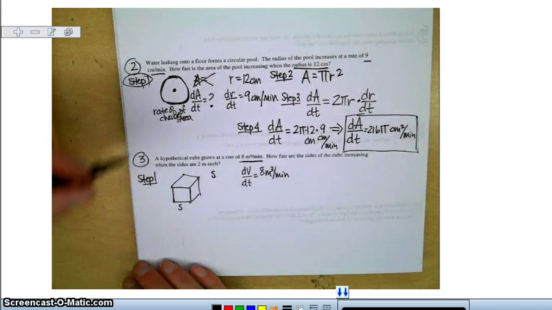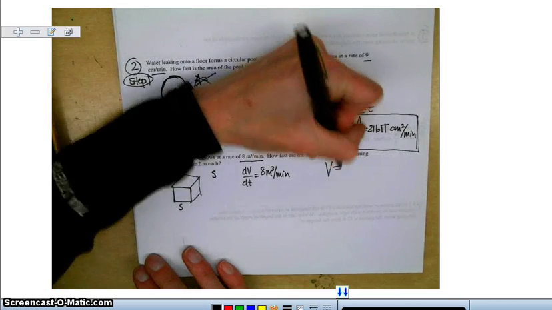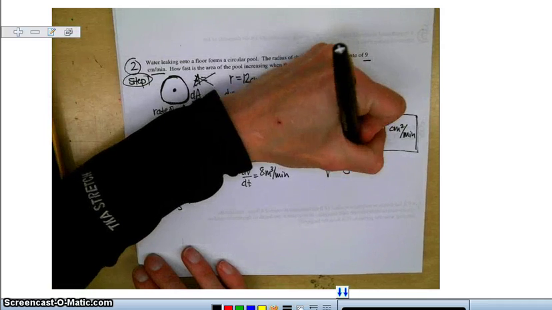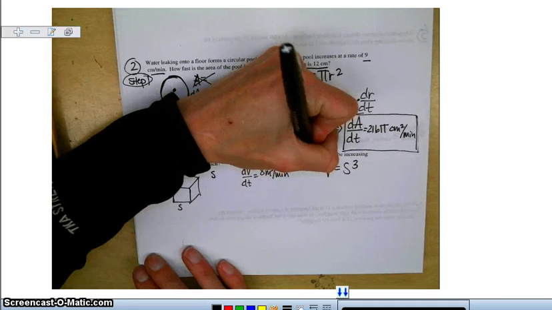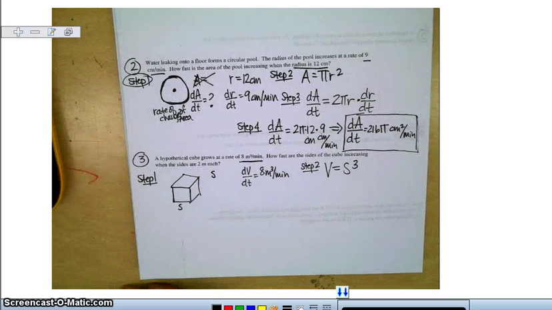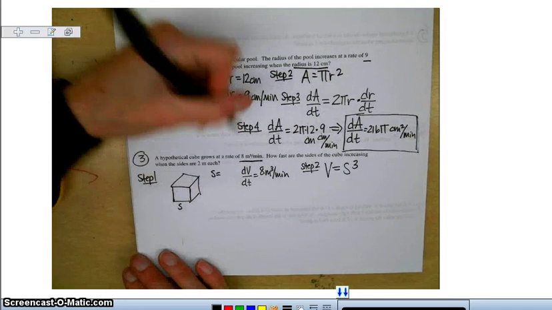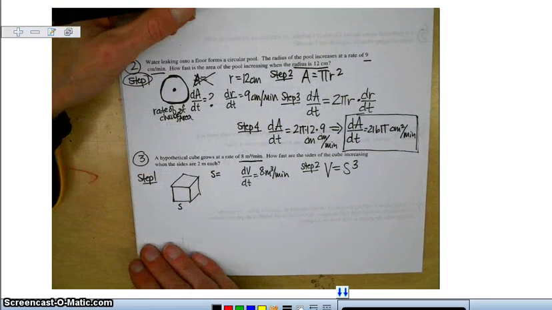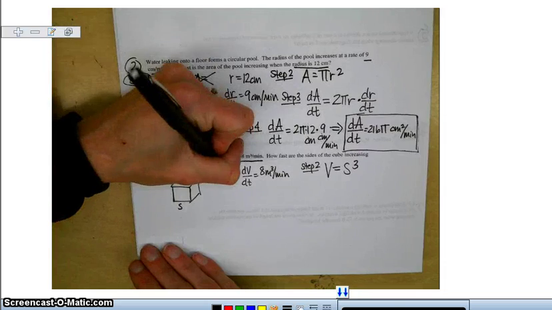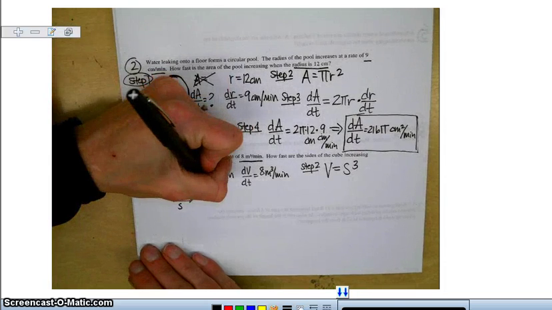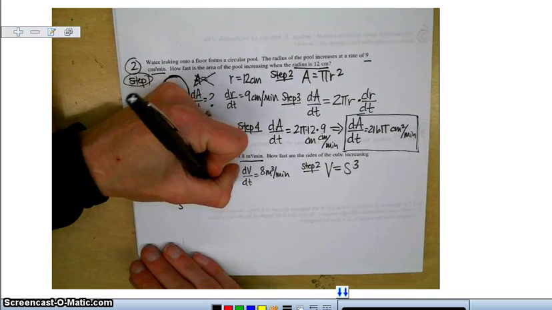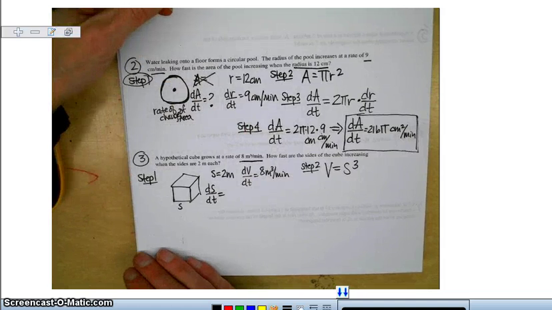So I'm dealing with the volume of this cube. What's the formula for the volume of a cube? It's S cubed. So there's step 2 already. What is the S in my problem? 2 meters. And so I should have a ds over dt.